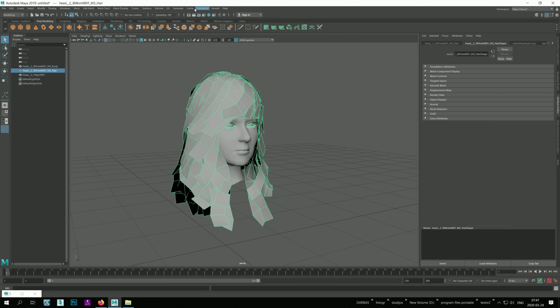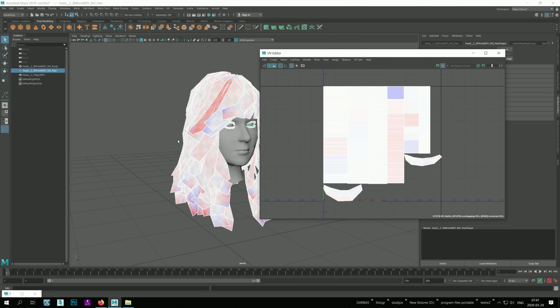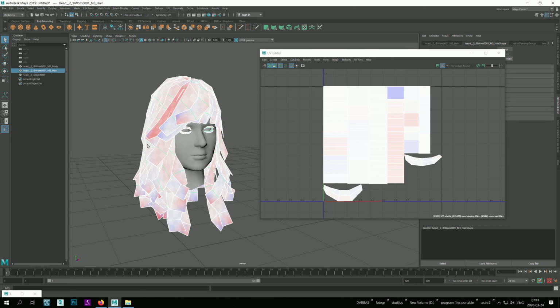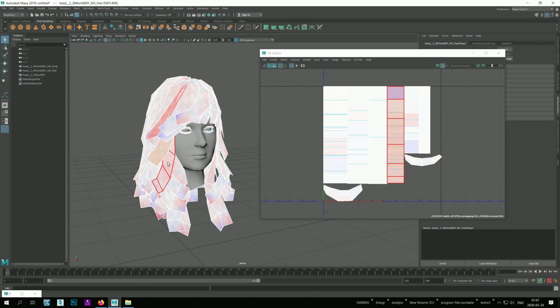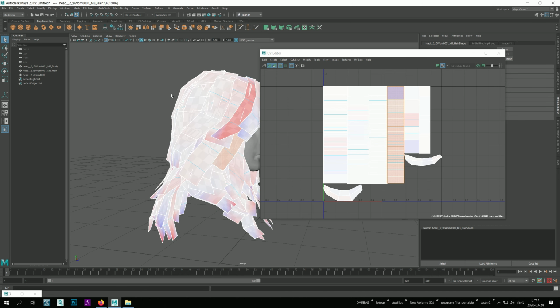There is a general rule that your UVs should not overlap, and in this case they are not following this rule. If you notice this and this, it's totally the same here in our UV editor. So what does it let us do? To conserve space, we have only a couple of strands drawn here, here, here, here, and here, and we are mixing and matching them, saving texture space.